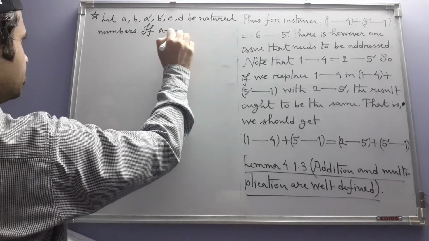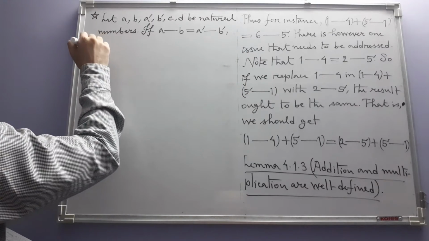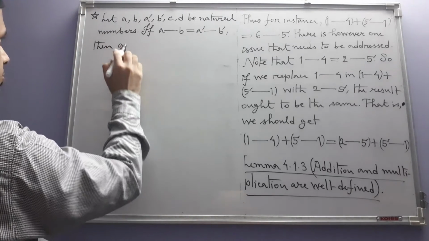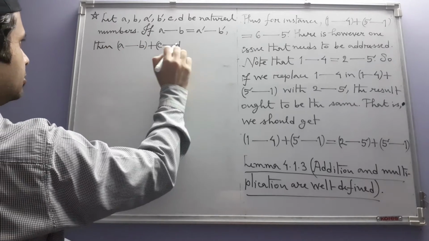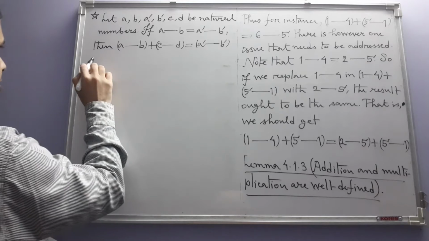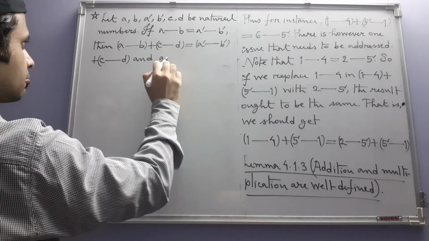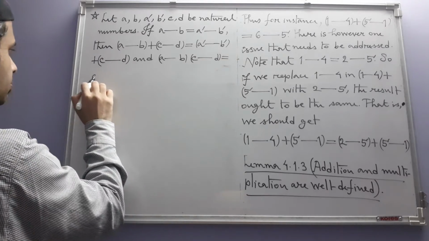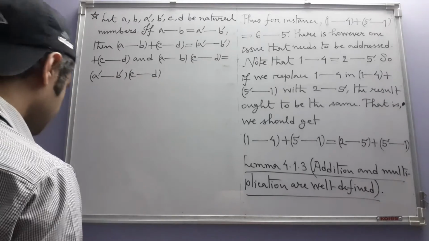If a dash b is equal to a prime dash b prime, then it does not affect the sum. a dash b plus c dash d is equal to a prime dash b prime plus c dash d, and a dash b times c dash d is equal to a prime dash b prime times c dash d.